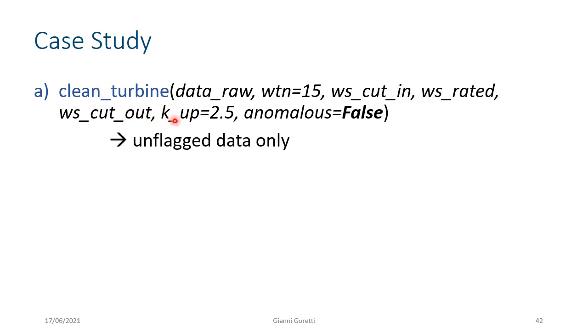We set the multiplier for the upper threshold to 2.5 instead of the default 1.5 to avoid removing too many observations. And most importantly, the anomalous parameter is set as false, which is the default anyway. So we are just keeping the unflagged data, the normal data, the erroneous data removed and the anomalous data are removed.